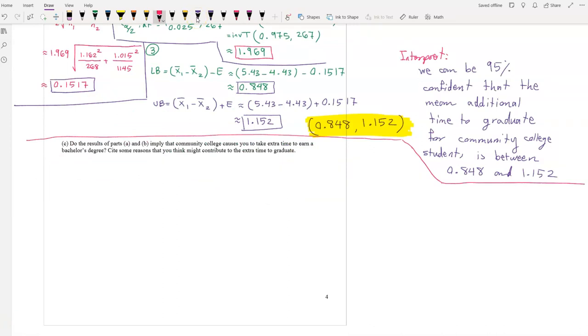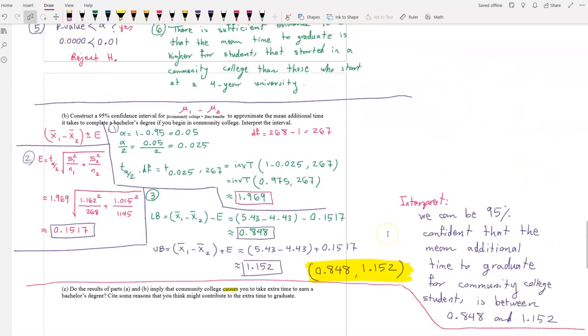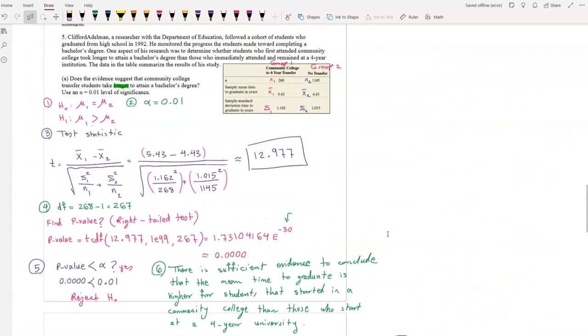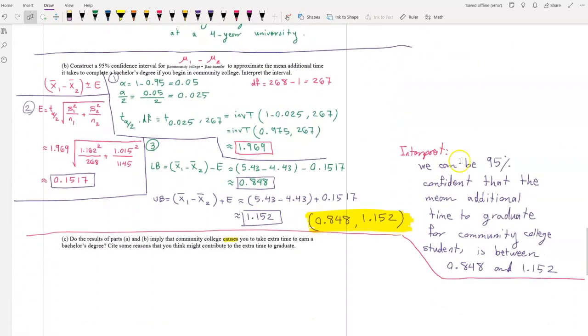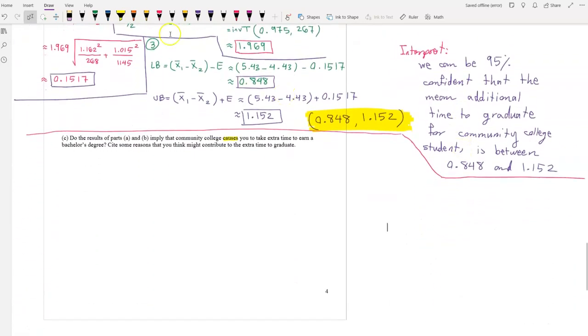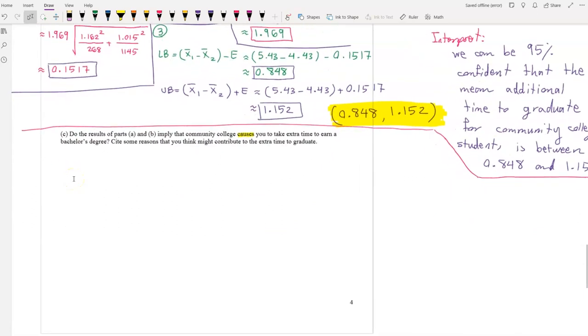Do the results of parts A and B imply that community college courses cause you to take extra time to earn a bachelor's degree? The result that we had here was based on what was given in this table. It may not always be true.